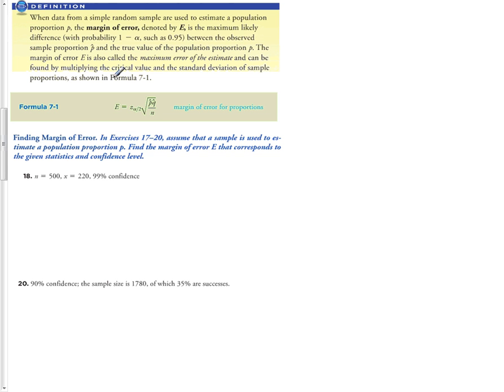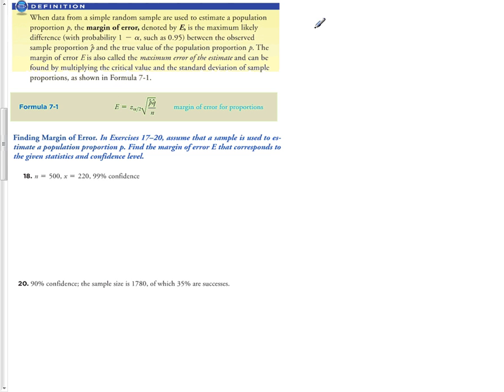Okay, so to find the margin of error, we're actually going to have to find critical values. That's why we went through finding critical values first. So we take the critical value and multiply it by the standard deviation of the sample proportions. That formula 7.1 shows that multiplication. That's how we find the margin of error E. It's also defined as the maximum likely difference between the observed sample proportion p hat and the true population proportion p.